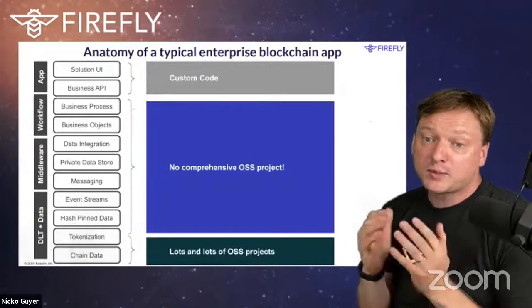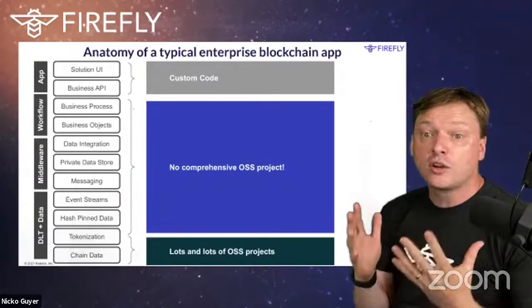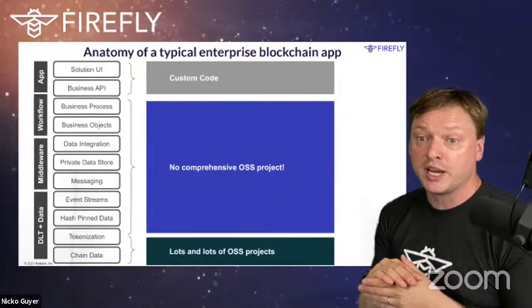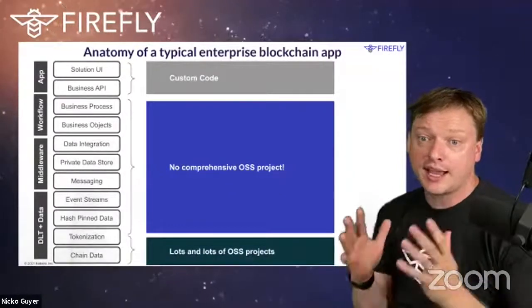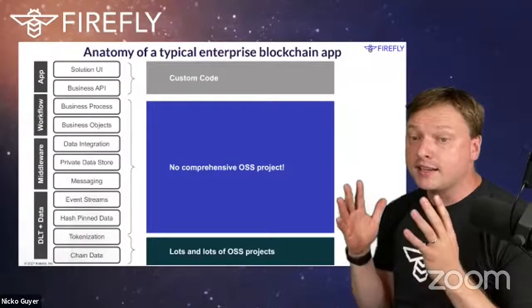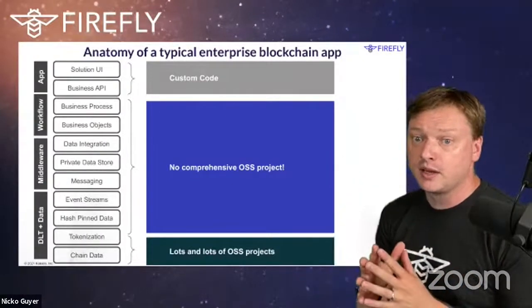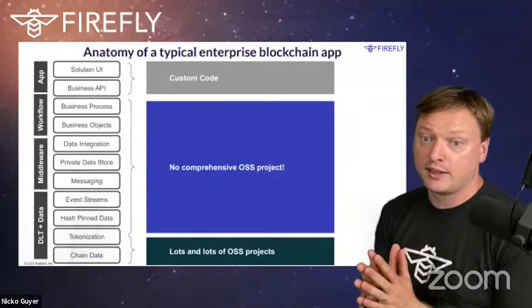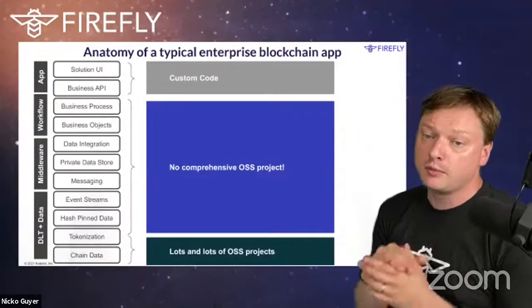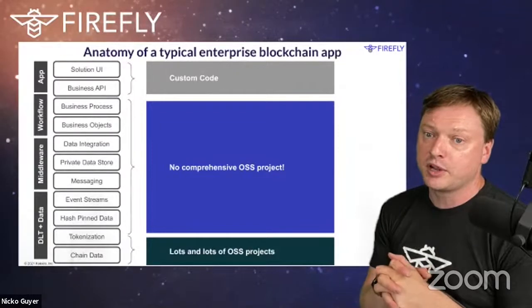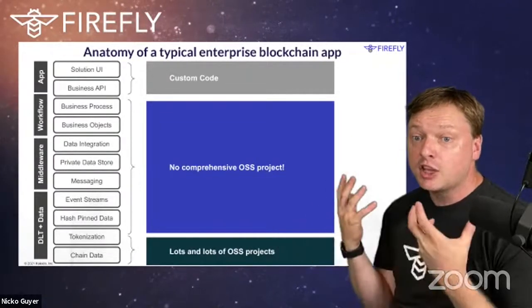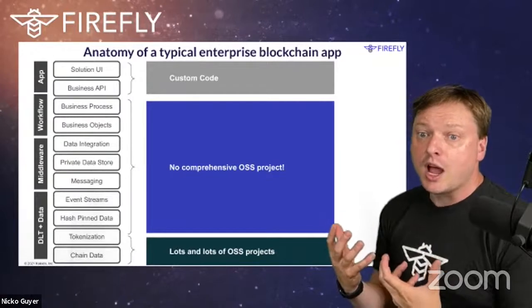And I guess we find it pretty astonishing that Firefly seems to be the first open source project focused on this aspect of the problem. And it's really early in its life cycle with a significant durable code base there that's been seeded from a number of years of experience and production code from Kaleido's background. But actually the community is just forming.